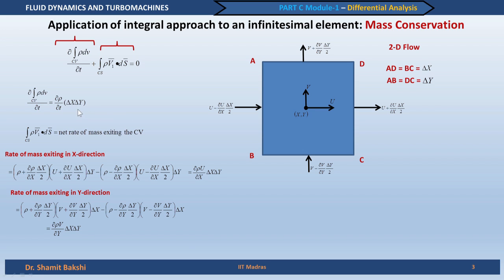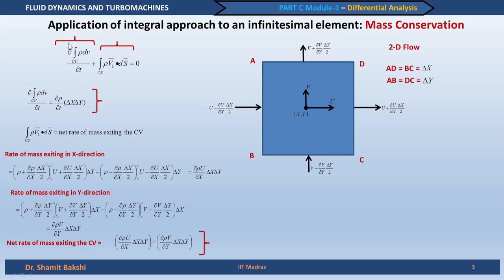So, this is the first part, the net rate of mass exiting. Before going into that, these two can be clubbed together to get the net rate of mass exiting the control volume, which can be written as a sum of this and this: del rho u by del x into the volume plus del rho v by del y into the volume. Now, we can club these two parts.